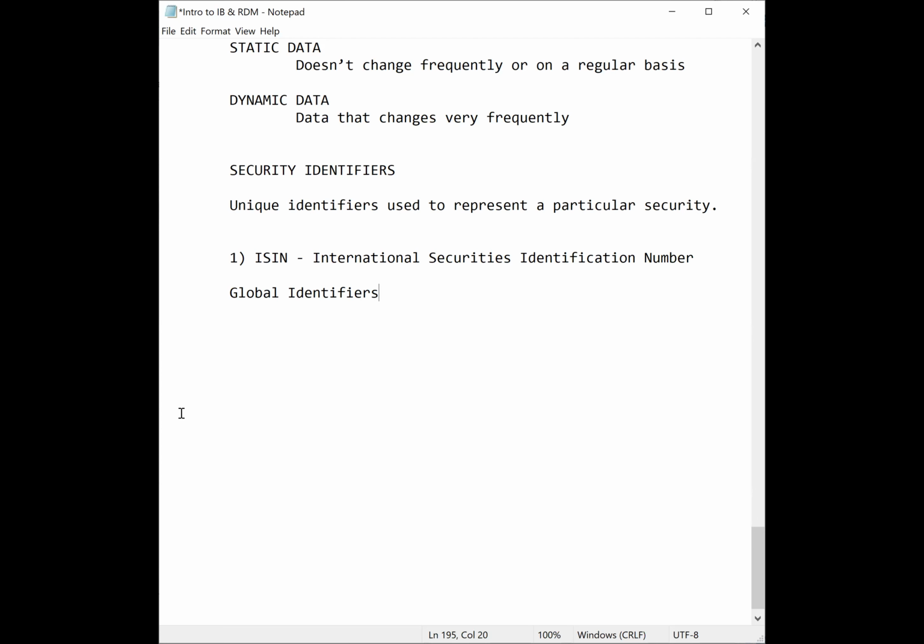It is used in the US, Europe, Africa, Asia. Everywhere ISIN is used. So it is a global identifier. It facilitates cross-border trading.